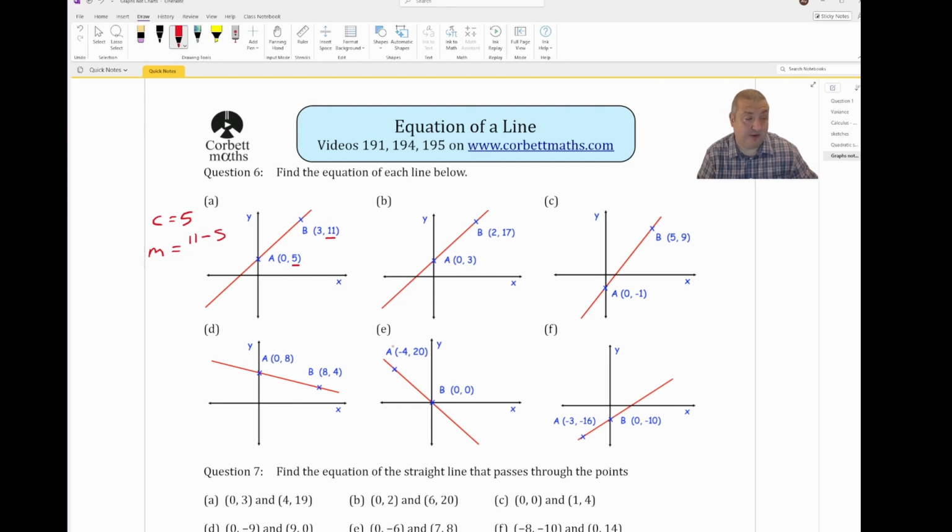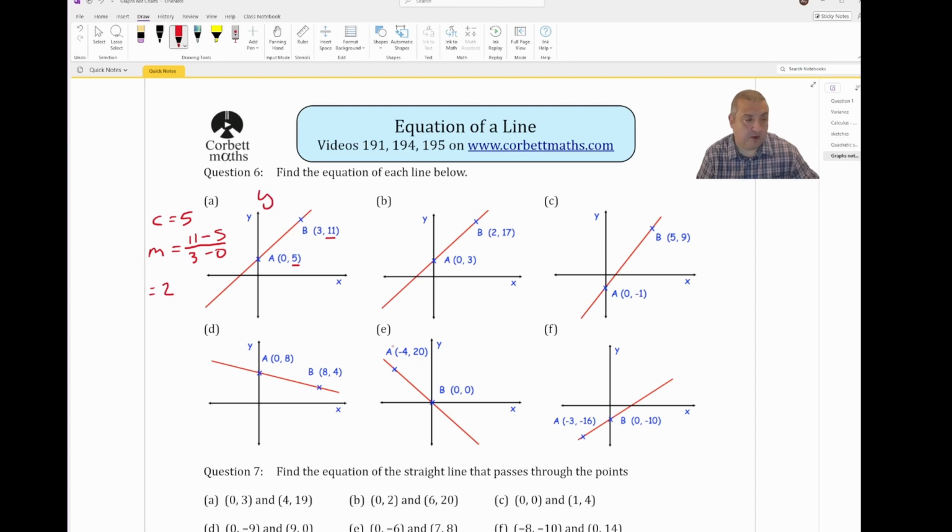So that's the difference between them. It's going to be 6, divided by the change in x. Well, x goes from 0 to 3. So 3 take 0. And that's going to be equal to 6 divided by 3, which is a gradient of 2.